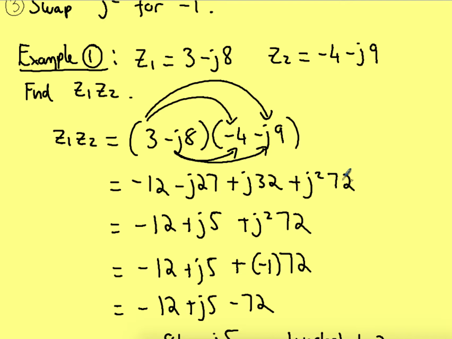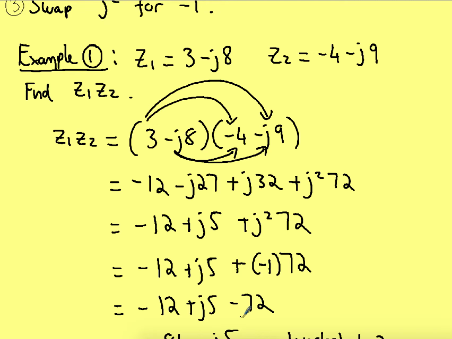Right, so you've just multiplied out your bracket like you normally would. Now, as always, you can simplify your middle terms. So -j27 plus j32 is j5. So I've multiplied out my brackets and collected my like terms. But remember that j squared is -1. So if there's a j squared there, just change that sign. If it's a positive, it becomes a takeaway.